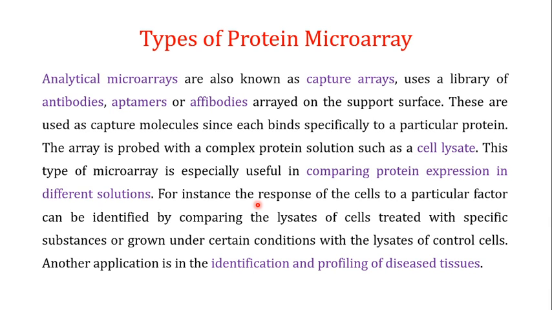For example, the response of cells to a particular factor, for example a drug, can be identified by comparing the lysates of the cells treated with specific substances, in this case the drugs, or grown under certain conditions, with the lysate of the control cells.